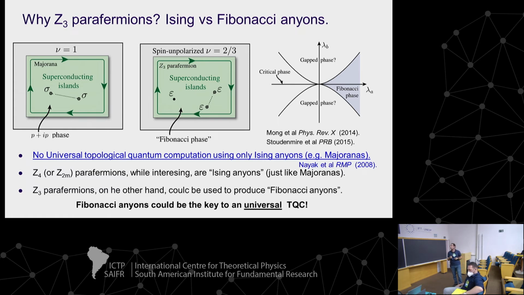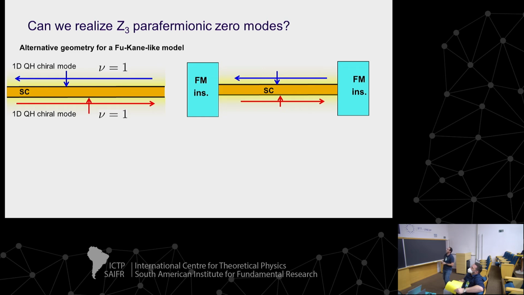But that's just the background, and the question is how do we get these Z3 parafermions out of a fermionic model? How can you in principle realize these parafermions in a real experiment? We know that you can realize Majoranas if you have an interface of two quantum Hall chiral modes, just regular quantum Hall nu equals 1, for instance, with opposite spins on an interface with some superconducting pairing between them.